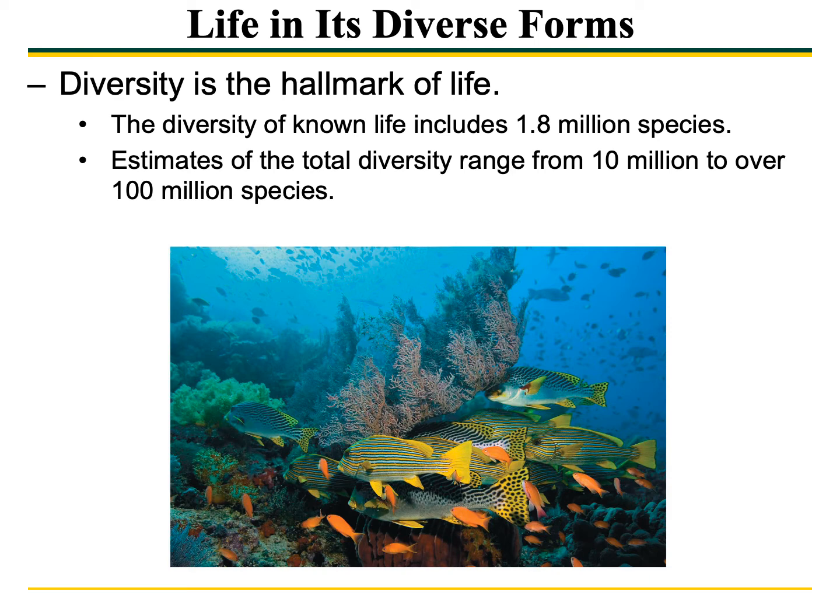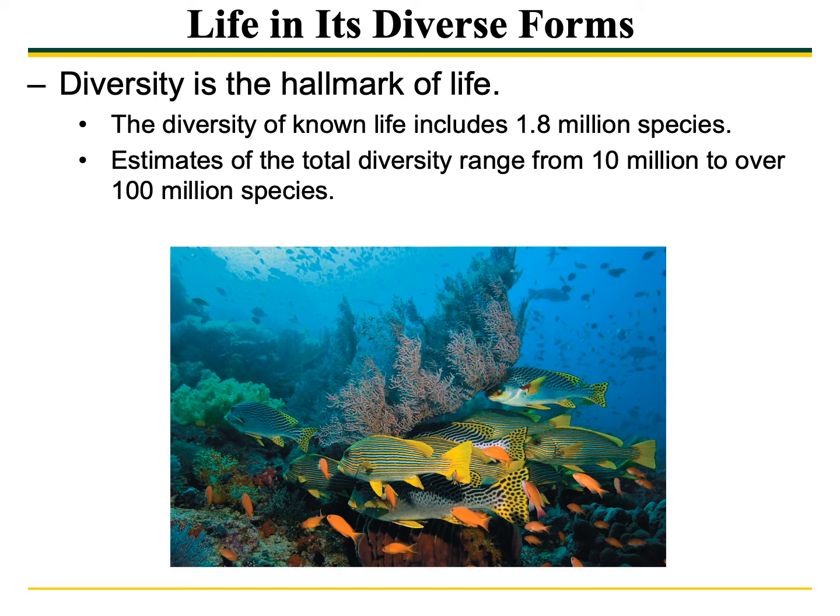The estimates of total diversity are much larger, somewhere in the range of 10 million to over 100 million species. That's taking into account the species that we have yet to identify. So when we talk about known life, with that 1.8 to 2 million species number, we're referring to those that have been identified and named.